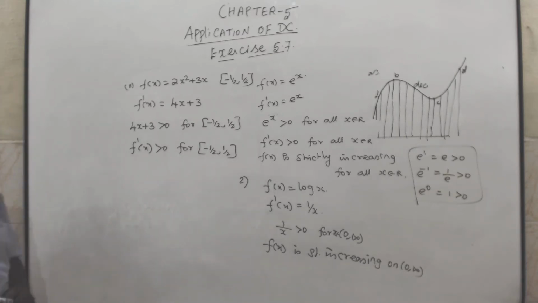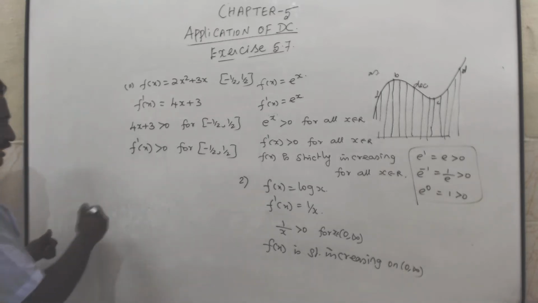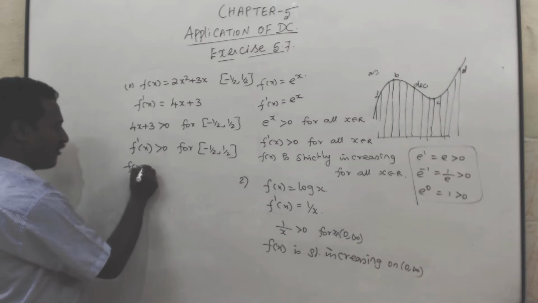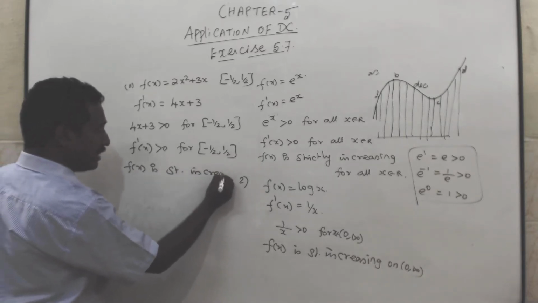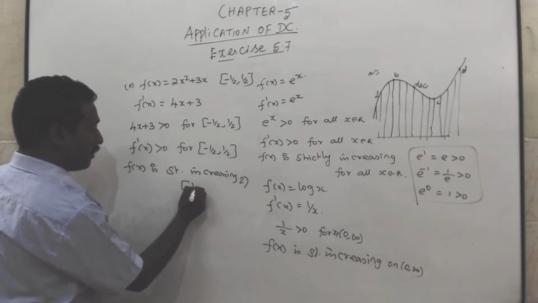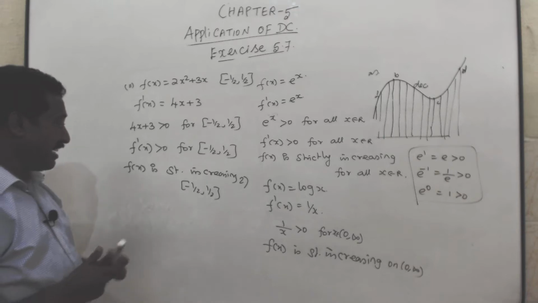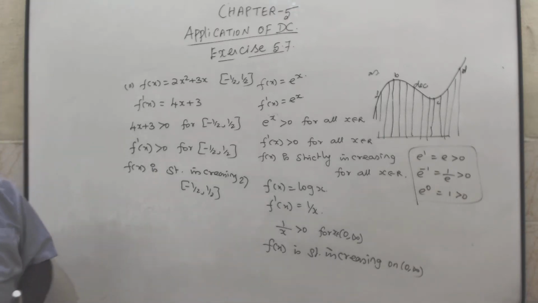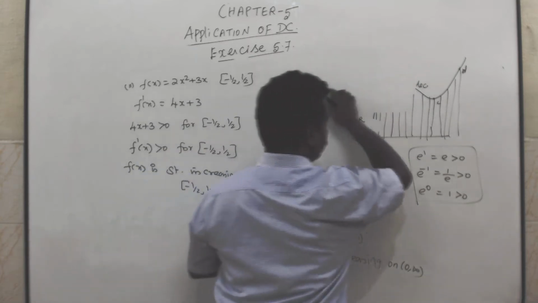Therefore, f of x is not just increasing, it is strictly increasing, because greater than 0. f of x is strictly increasing in the interval minus half, comma plus half, because f dash of x greater than 0 means strictly increasing, less than 0 means strictly decreasing.